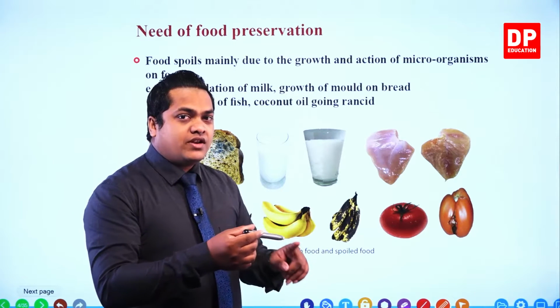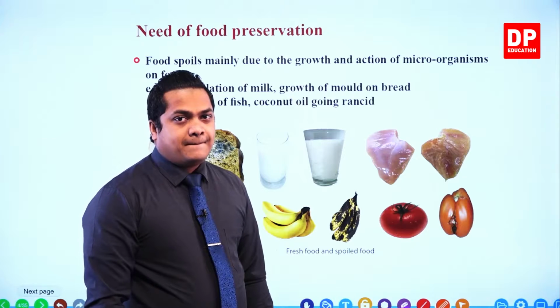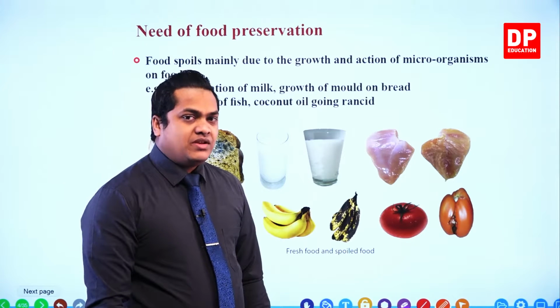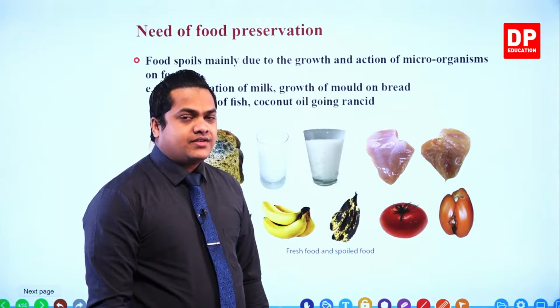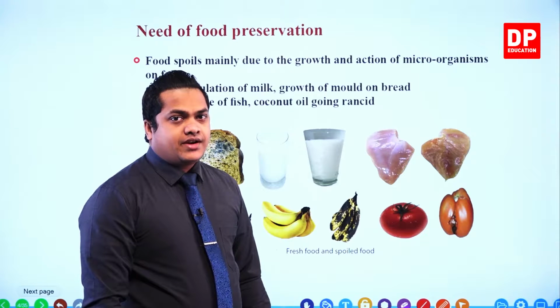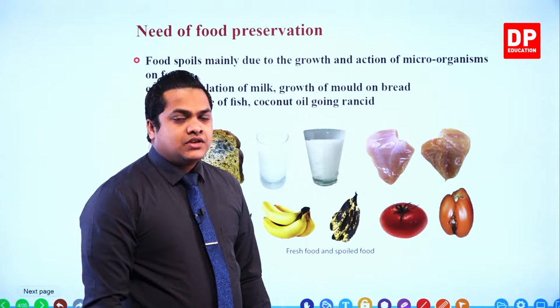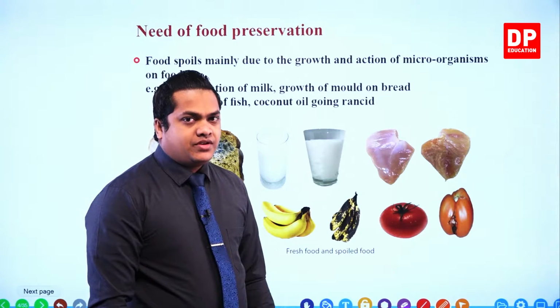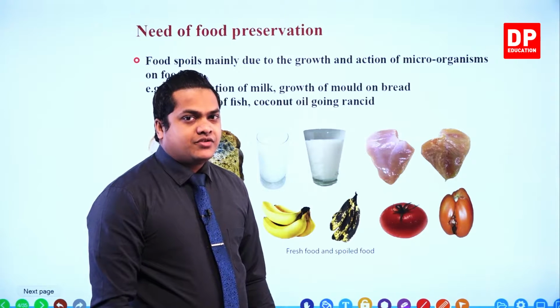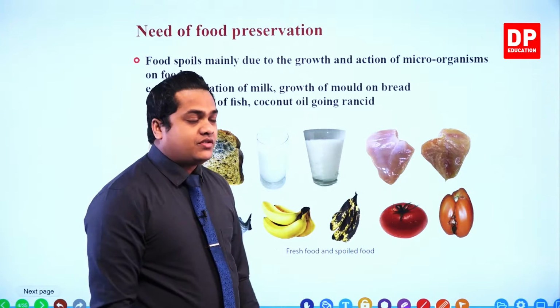So a layer of solid milk can be observed. That's what we mean by coagulation. It's getting turned into a semi-solid kind of structure, so we won't be able to consume it.